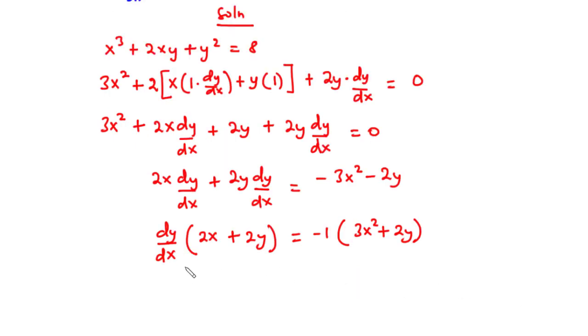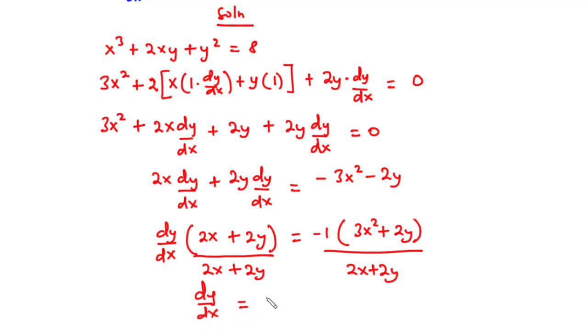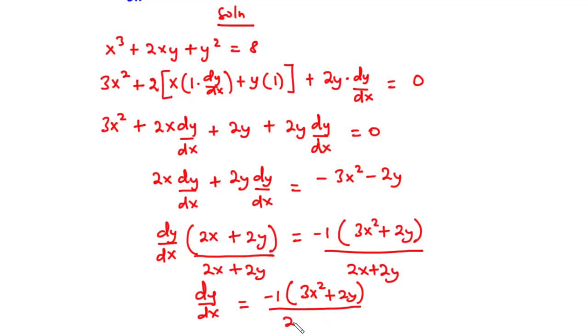Because we are interested in finding dy/dx, we divide through by 2x plus 2y, so that dy/dx equals negative 1 times 3x squared plus 2y, divided by 2 times, and here we can factor out 2 so that we have x plus y inside the brackets.